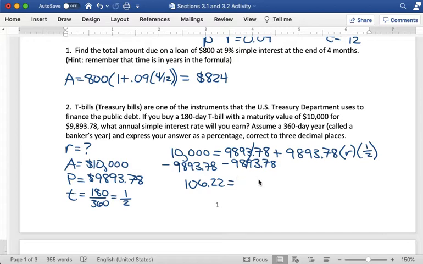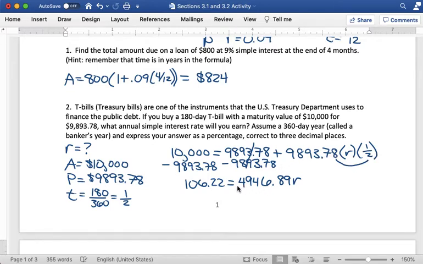Use a calculator. I'm going to multiply these two here together, the 9,893.78 times 1/2, to figure out what that is. So that is going to be $4,946.89 times R.